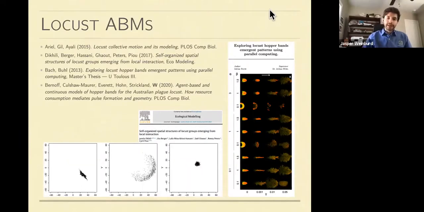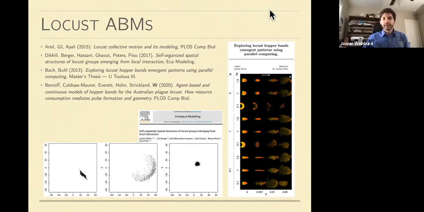Lastly, there has been some previous work documenting these different types of patterns that you can see, essentially by changing internal parameters within the models. And two things stuck out to me and my collaborators when we looked at the efforts that have been made in this area before.